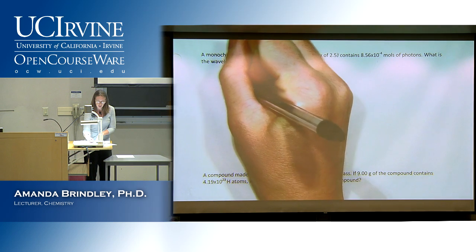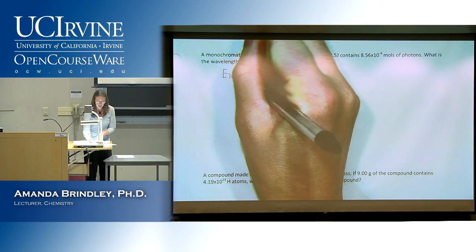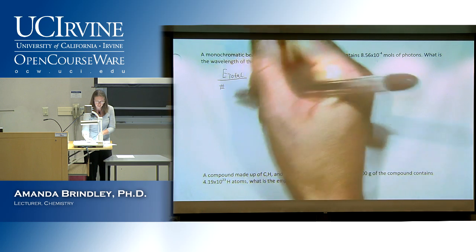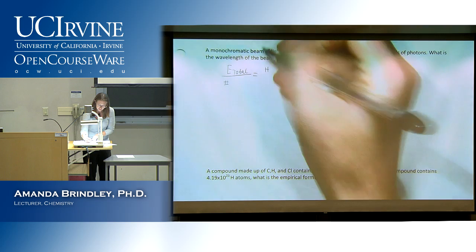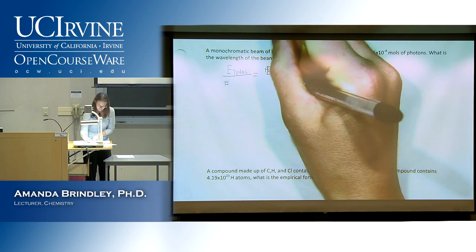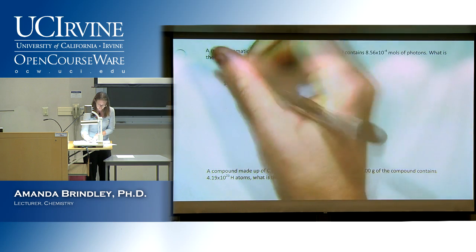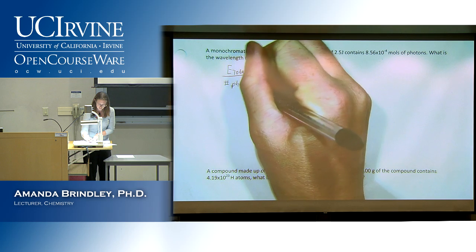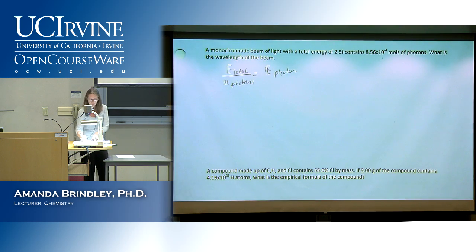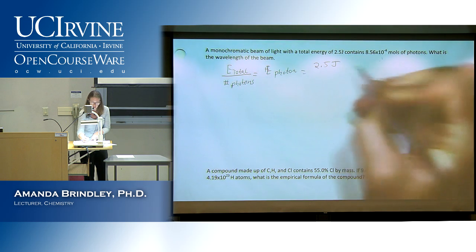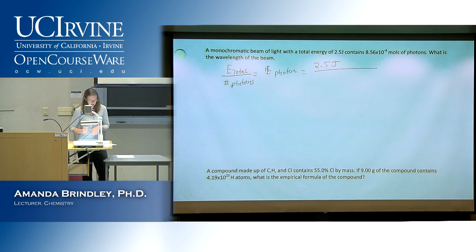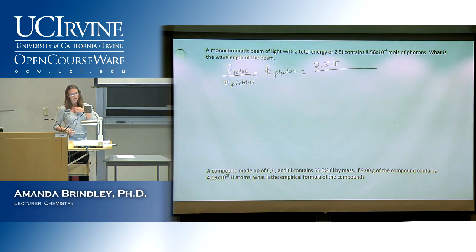So we'll take the energy total, divide by the number to get the energy of the photon. So 2.5 joules. Now, can I just fill in the 8.56? No, that would be joules per mole, right?